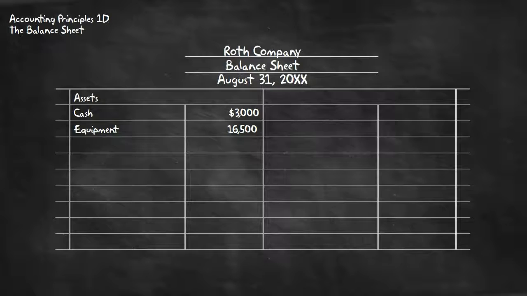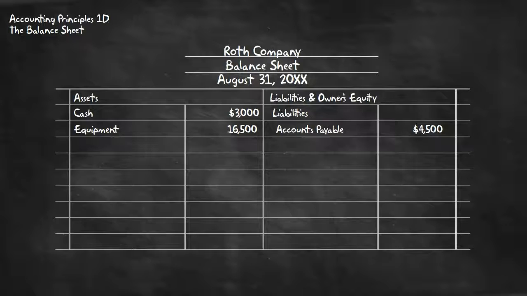If you recall from my ending balances, I had cash with $3,000 and equipment with $16,500. You could next total the assets, but I prefer to wait until I complete the other side, the liabilities and equity, so that way I can have both totals on the same line. So next I move over and populate my liabilities and owner's equity title, my liabilities title, and my accounts payable liability account and balance.